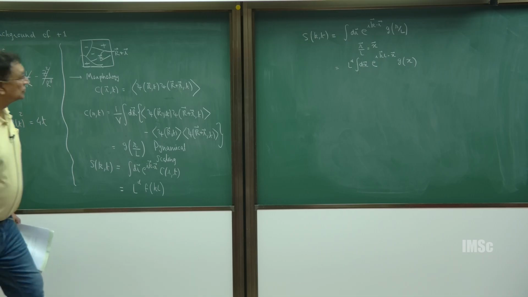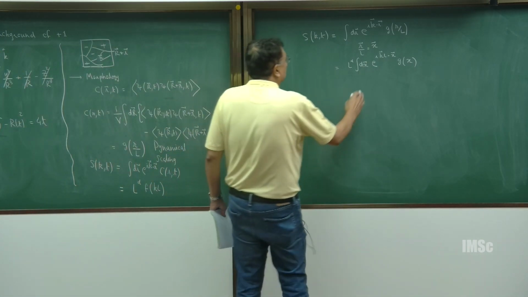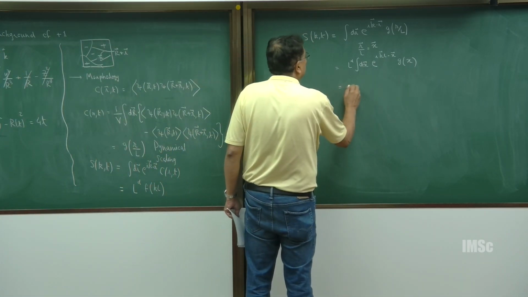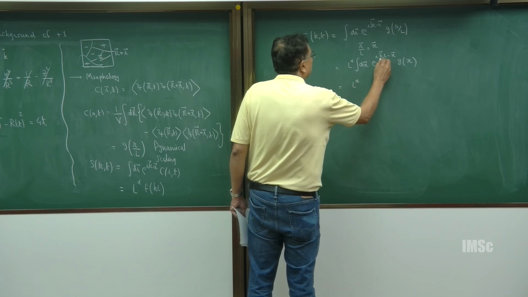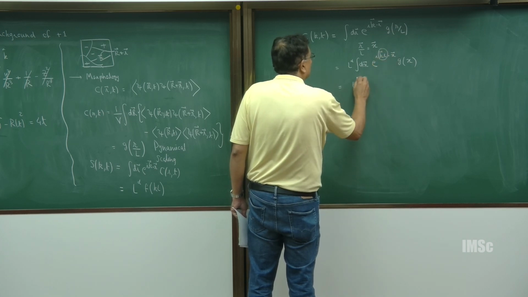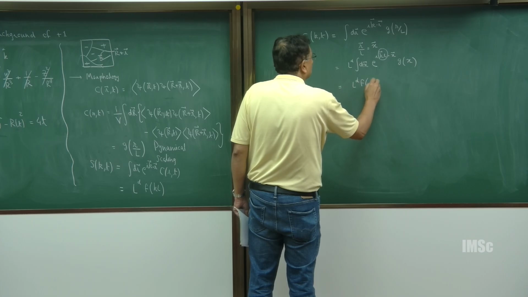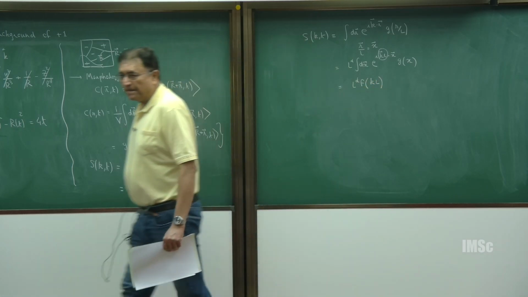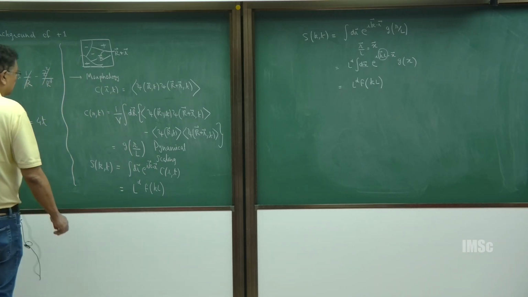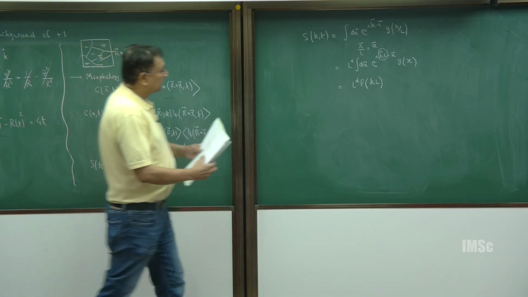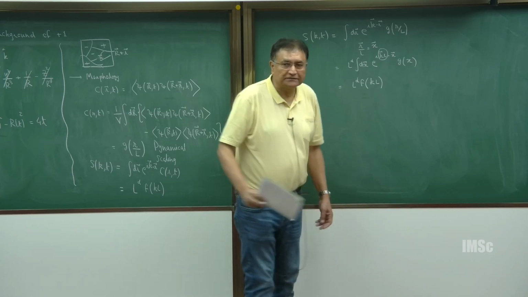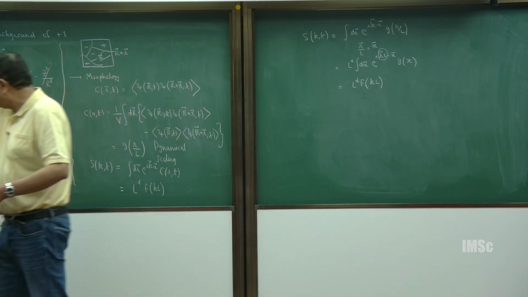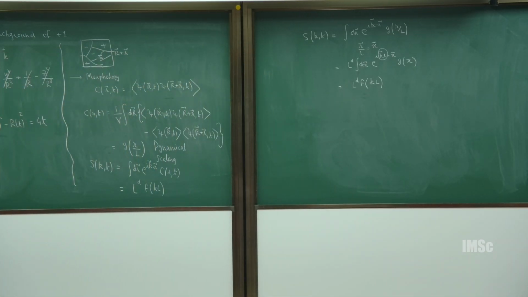So, if you plug that in, you realize this is just some universal function of this variable. So, it is L^d, as I promised you, f of kL. Again, theorists usually look at this, experimentalists usually look at this, they are equivalent descriptions, and if you know one, you know the other, and as a theorist we obviously want to find out a correlation function.